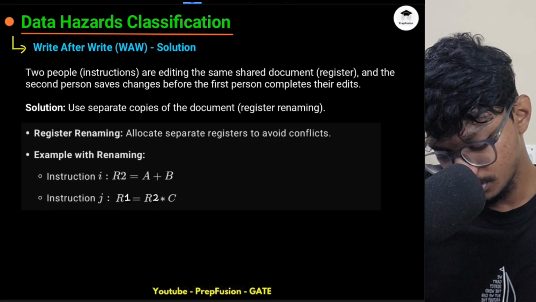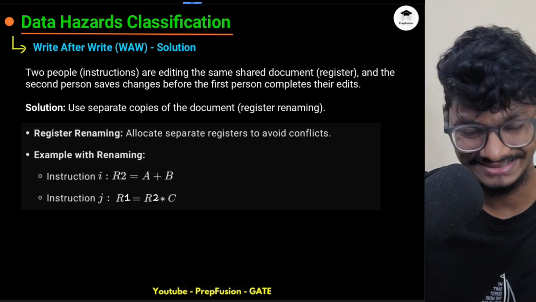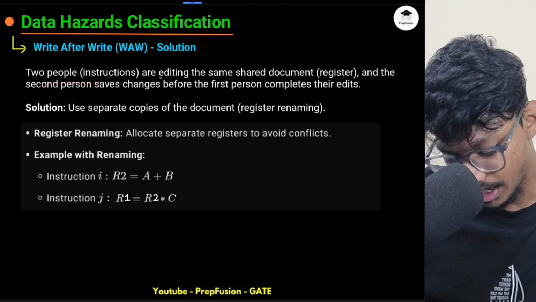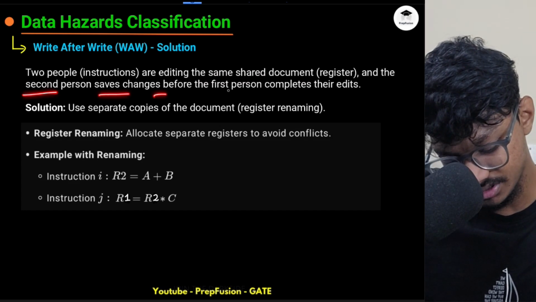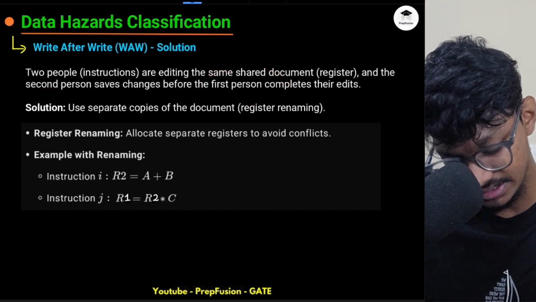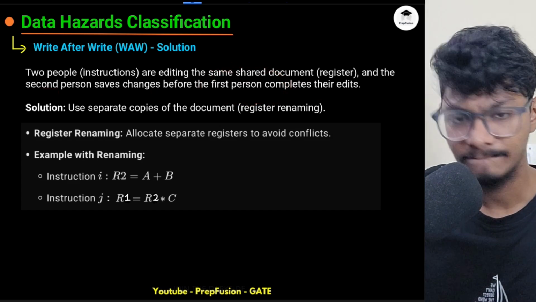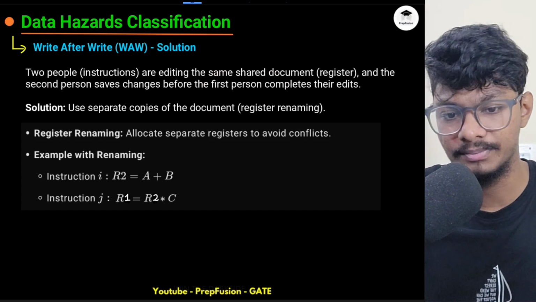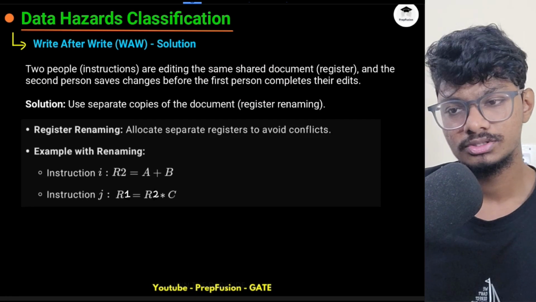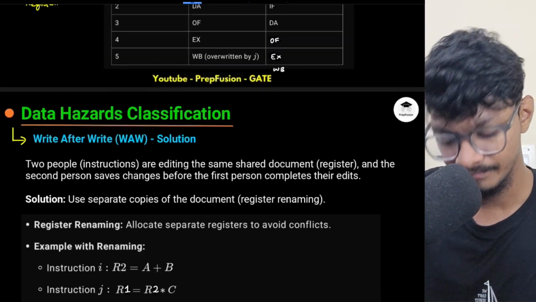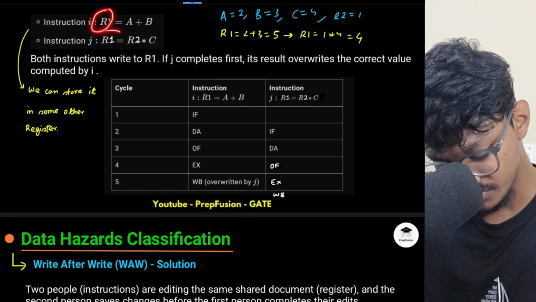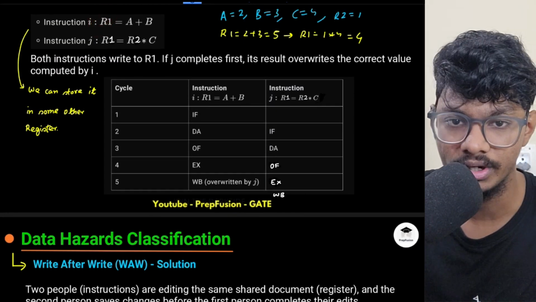Here an analogy is given. Two people are editing the same shared document and the second person saves changes before the first person completes the edits. Will it change anything? No, right? Obviously the second person can also save the edits. So there is no actual dependency. So what is the solution? If I really want to store the previous value, I will just store it in some other register.